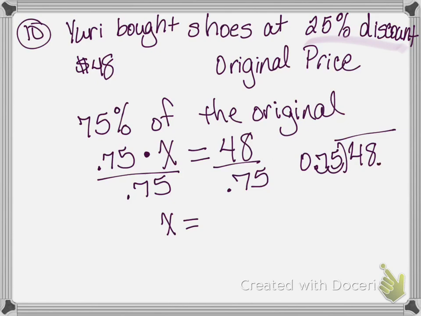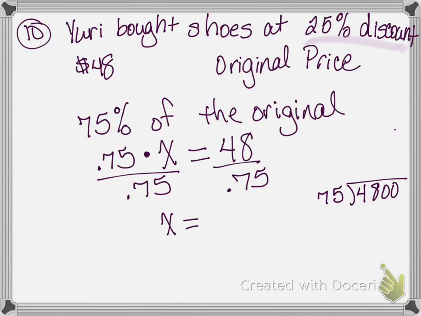If I move the decimal twice, what do I have to do with the 48? Move it twice. So I actually have 75 into 4,800. Okay? And I should have moved it down just a little bit more. 75 will not go into 4, and 75 will not go into 48. Okay, so I'm just going to mark those off.